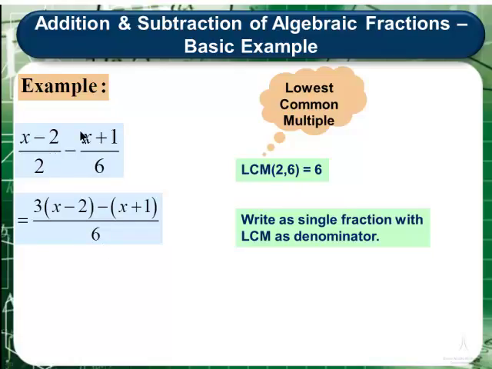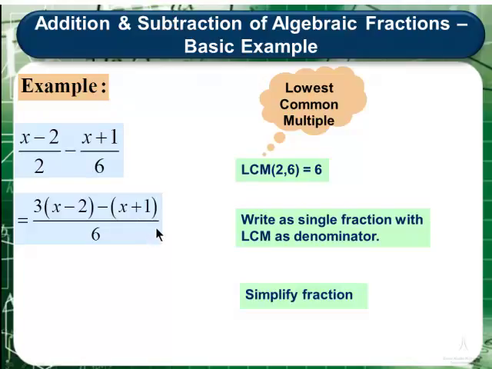We have to compensate above the line, as we have demonstrated in the previous slide, by multiplying the numerator in the first algebraic fraction with the resultant, in other words with 3, because remember we have 2 already there, so 2 times 3 is 6, so we multiply it with 3 in the first case, and then we subtract the second numerator, that is for the second algebraic fraction, and we multiply that with 1, because the LCM in this case 6 will agree exactly with what we had before for the denominator for the second algebraic fraction, so we multiply that with 1, and then of course times x plus 1.